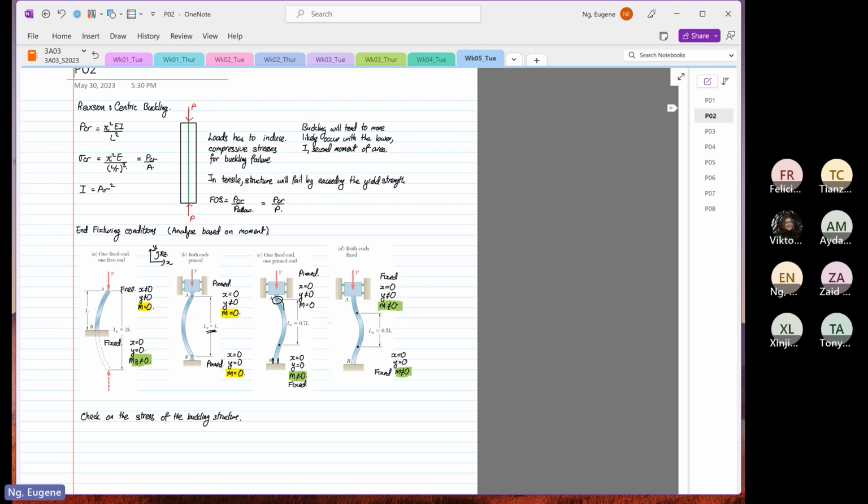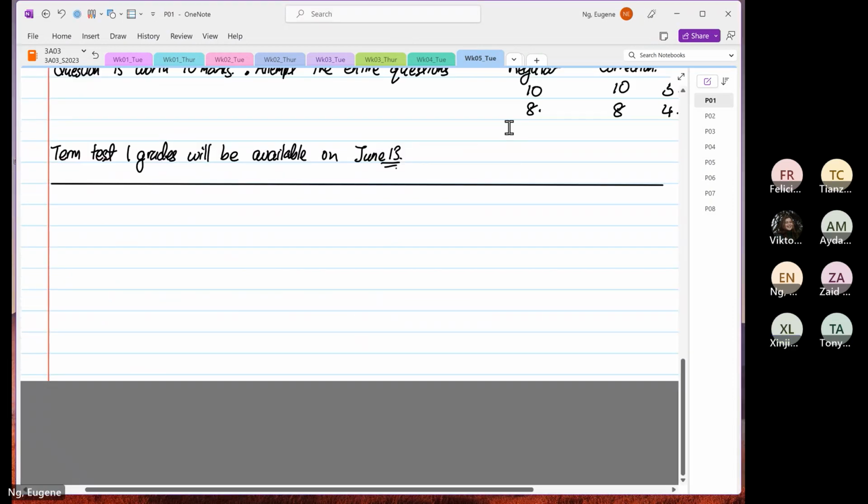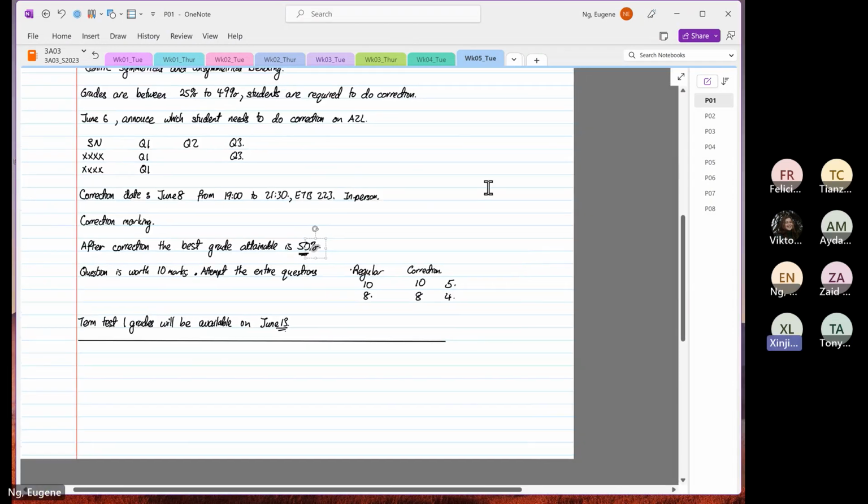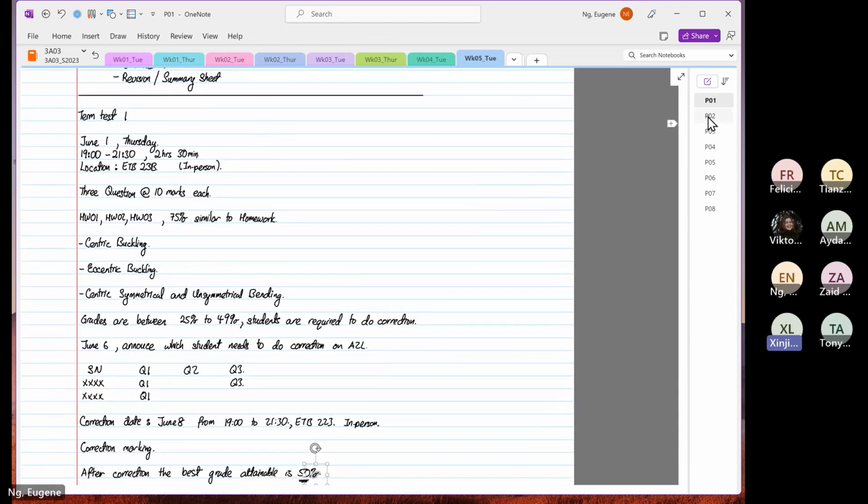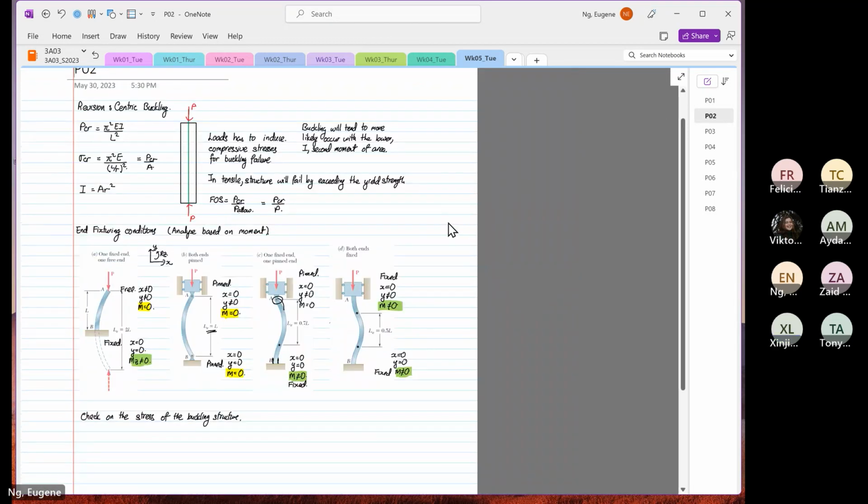Anyone, please? Oh, someone has a message on chat. Can I go back to the previous page? No, the equation you wrote in yellow.